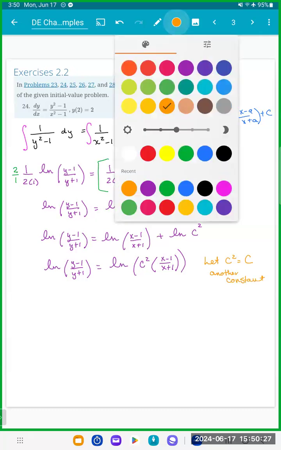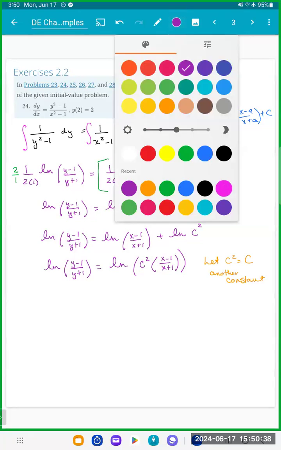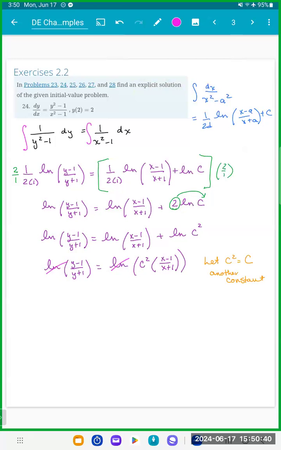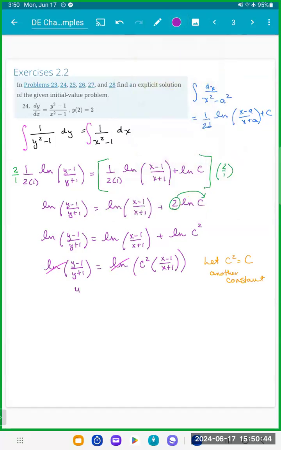And so first of all, when we have an ln on both sides, those can cancel with each other. And essentially, we're just left with (y minus 1)/(y plus 1) equal to, instead of c squared, that constant C, times (x minus 1)/(x plus 1).